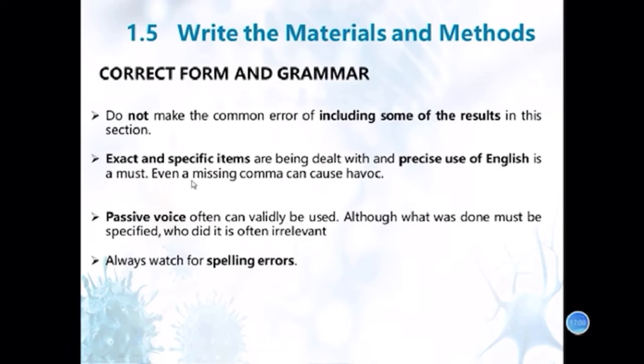Sometimes even a missing comma can cause a lot of mess. Sometimes the passive voice can validly be used, although what was done must be specific. Who did it is often irrelevant. It doesn't matter who did it. Only what was done must be specific. Always watch for spelling errors.